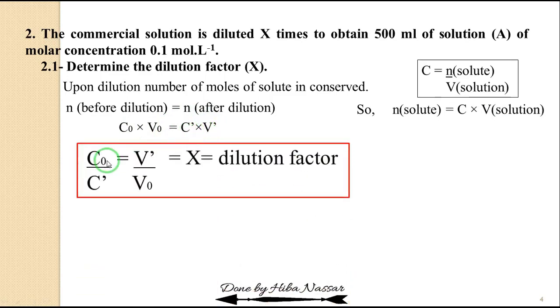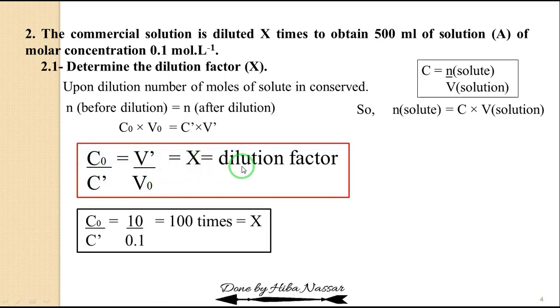So now we can write the following relation: C0 over C prime equals V prime over V0, which equals X, the dilution factor. So in this question, since you have the molar concentration for the diluted solution and for the initial concentrated solution, we can say that C0 over C prime equals 10 over 0.1, which equals 100 times, which is X.